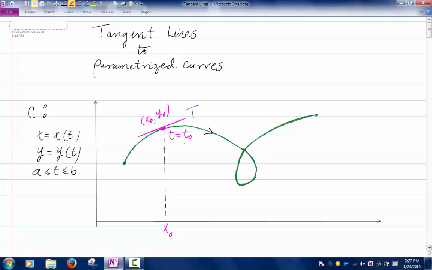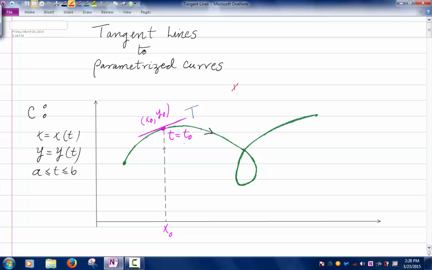Now let's for a moment think about this curve as the path of a moving object. So we are saying at time t0, the object goes over the point x0, y0. Okay, the position of the, let's say a bug moving along the curve, the position of the bug at time t0 is x0, y0.